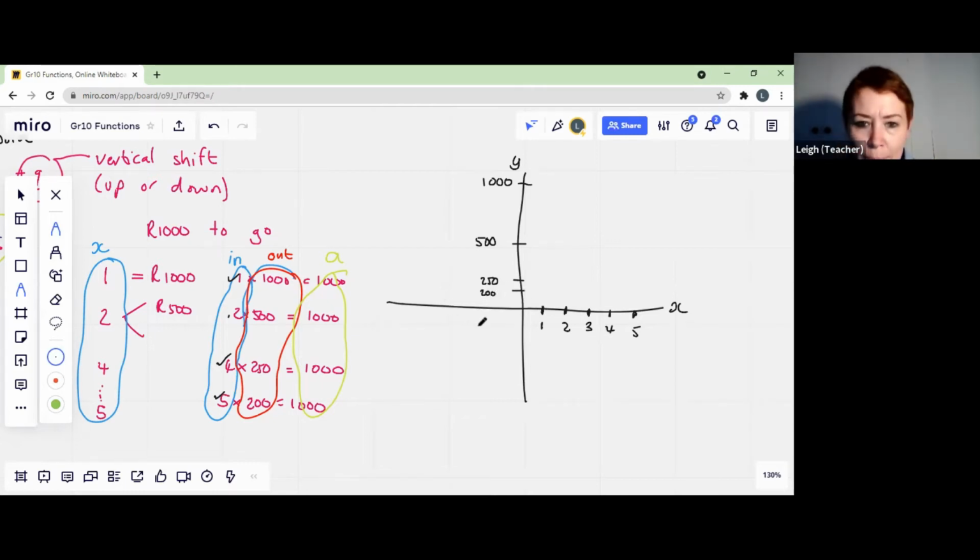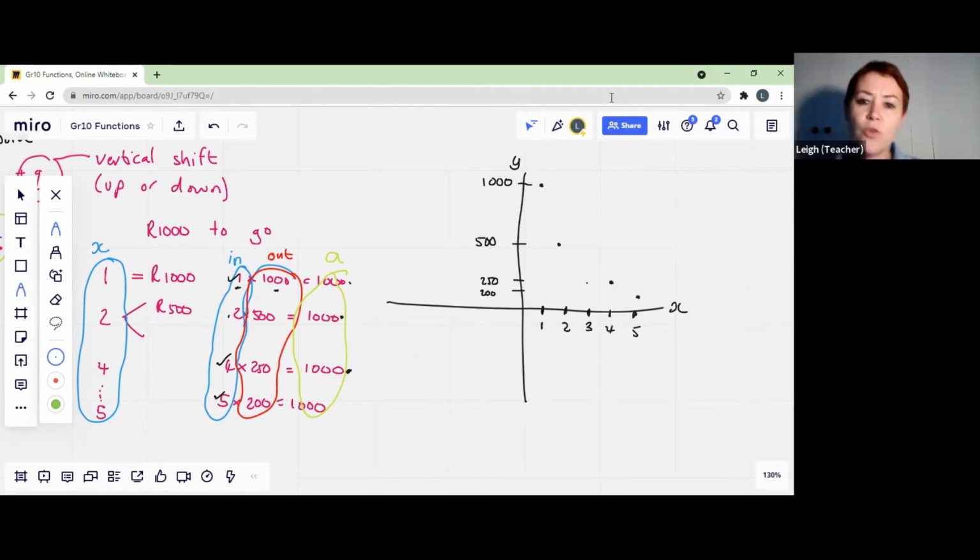So look at what happens when I plot x against y. x 1 times 1,000 gives me 1,000. 2 times 500 gives me 1,000. 3 times, sorry, I'm talking nonsense. 4 times 250 gives me 1,000. 5 times 200 gives me 1,000.